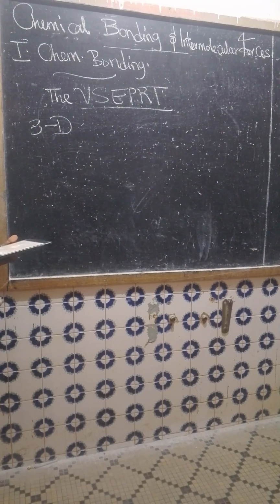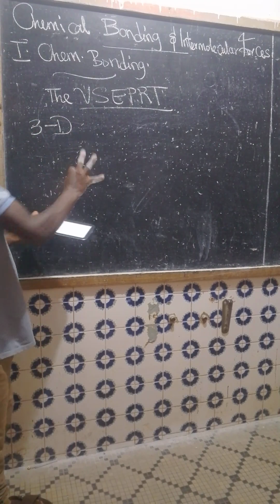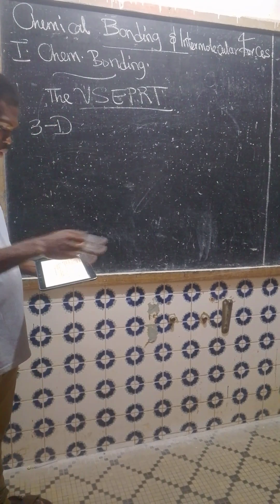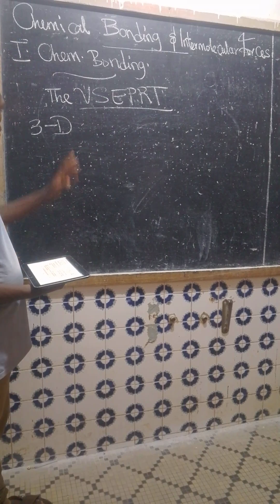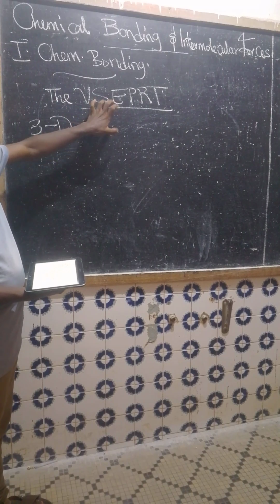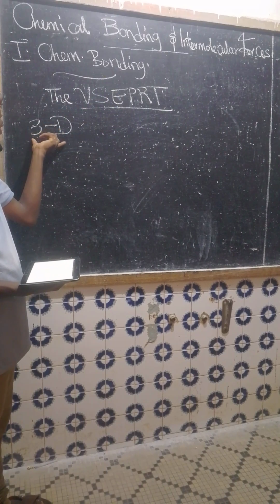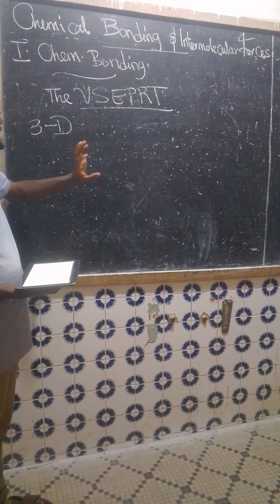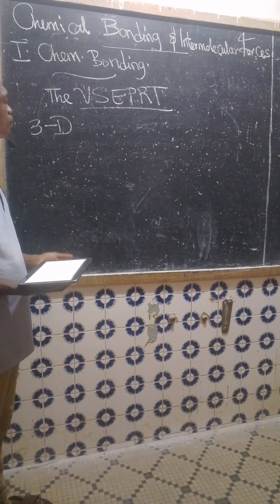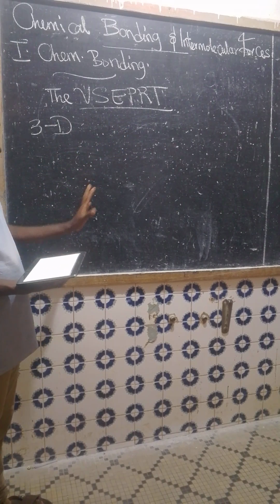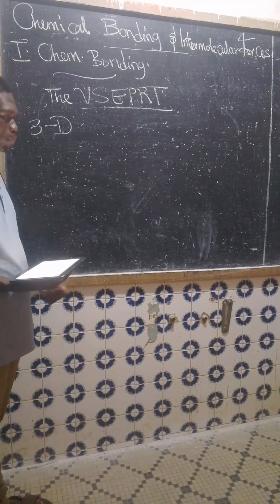Okay, so this is the only thing I'll say now. The rest are in the notes, so I will not write these ones. I said this theory proposes a 3-dimensional arrangement for the shape of a covalent molecular compound.